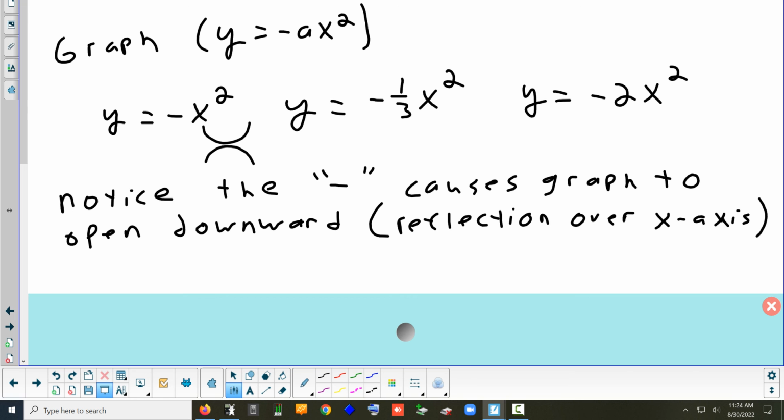So the point is, a negative causes a flip or a reflection. If it's in parentheses and part of what's being squared, it causes a reflection over the y-axis. If it's in front and it's not being squared, it's not inside the square function. Right? This is the squaring function in that problem. It's just being applied to x. It causes a reflection over the x-axis.